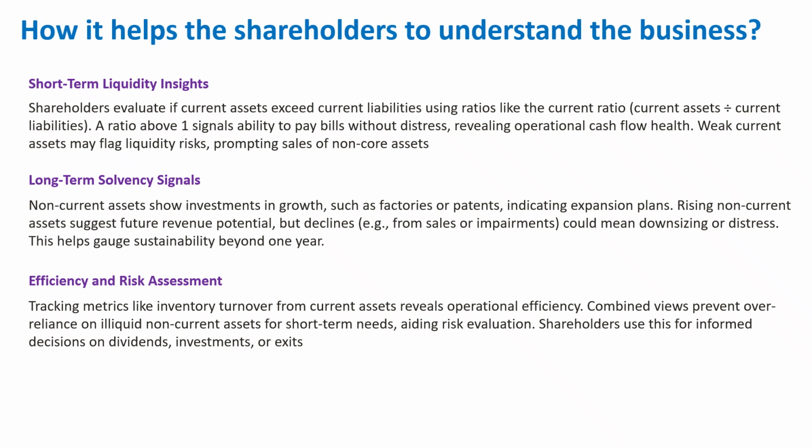And the last is efficiency and risk assessment. Tracking metrics like inventory turnover from current assets reveals operational efficiency. Combined views prevent over-reliance on illiquid non-current assets for short-term needs, aiding risk evaluation. So shareholders use this for informed decisions on dividend, investment, or exit.